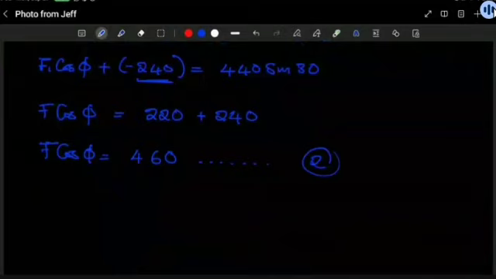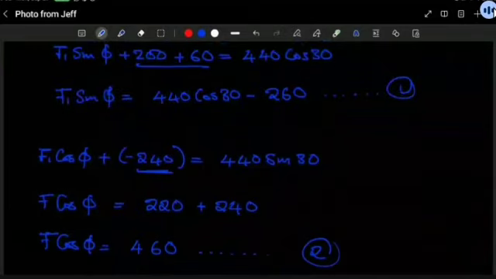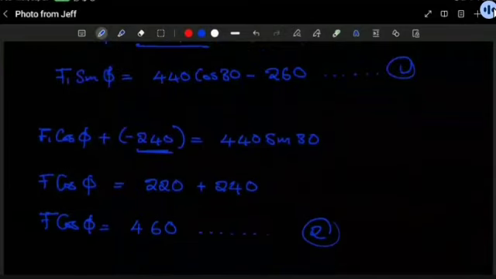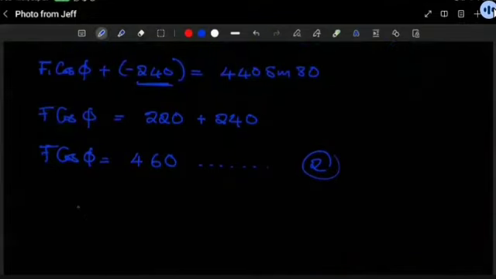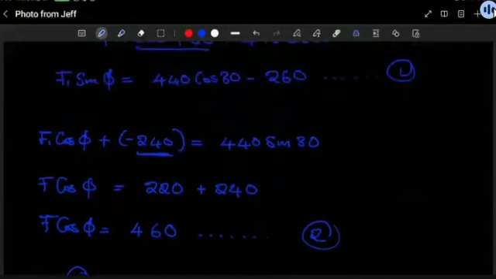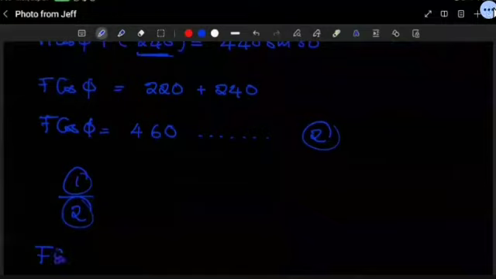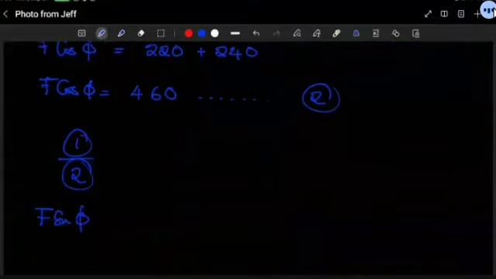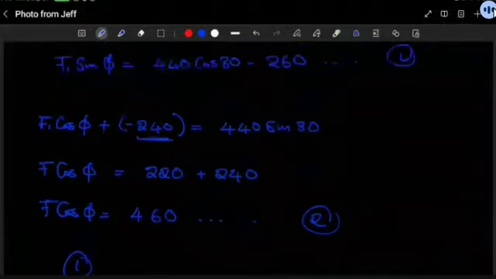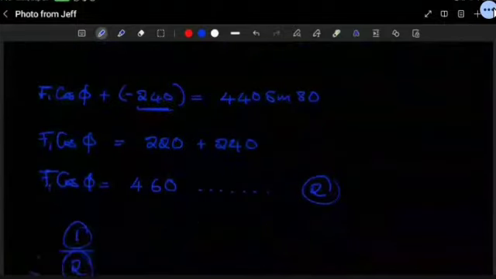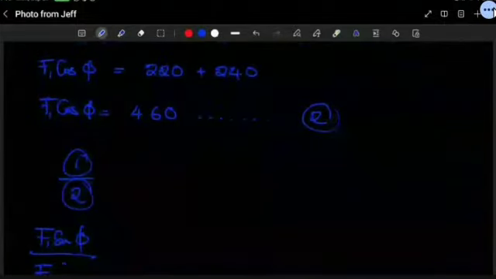That's equation 2. Now notice that you have equation 1 and 2 with two unknowns, F1 and phi. You can easily make F1 subject of the formula and eliminate, or you can divide equation 1 by equation 2. From the left-hand side, you will have F1 sine phi from equation 1 and F1 cos phi from equation 2.